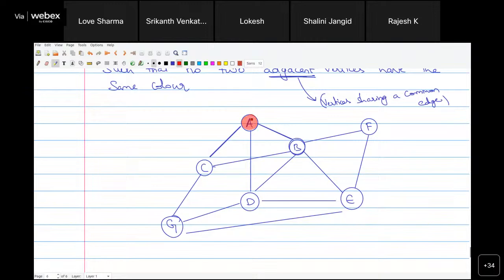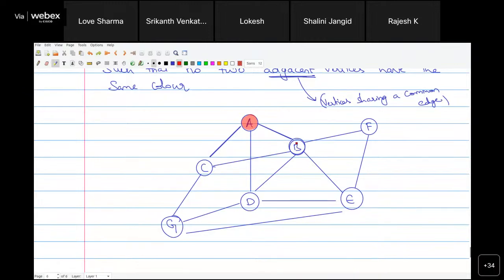You can choose anything. While solving a question paper, say it is color 1, and denote it as color 1. If you have given color 1 or the red color to vertex A, the vertices adjacent to A should not have the red color. So that means C, D, B shouldn't take red color.